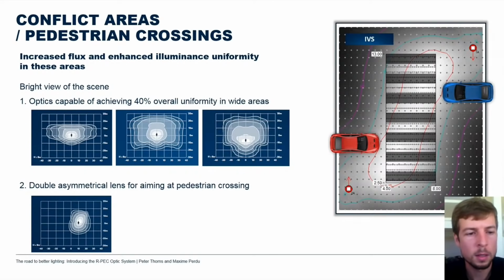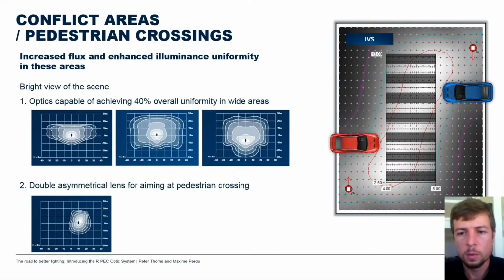I'd also like to mention that pedestrian crossing is a different type of calculation, and we made a double asymmetrical optic aiming directly in the direction of the pedestrian, who should be illuminated both horizontally and vertically as best as possible to create a good view of the possible hazard, and to avoid it.